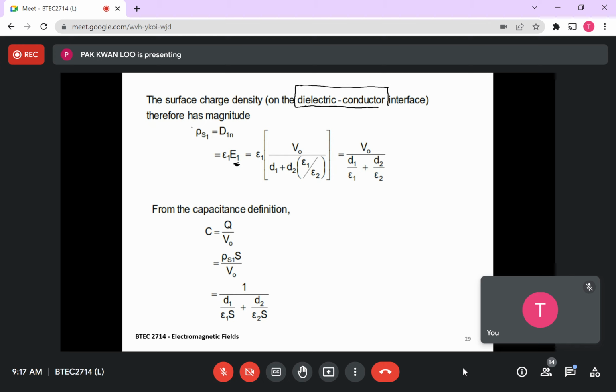Surface charge density is charge over area, right?